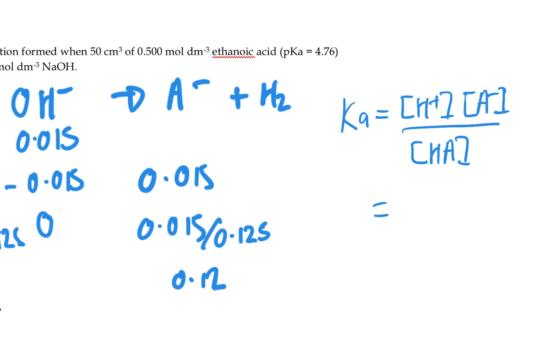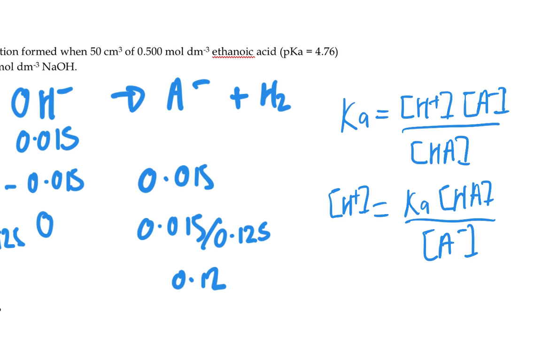And I'm going to need to rearrange that to get H plus. So I leave H plus on the side it is, and I move HA onto the side with Ka, and A minus onto the other side by dividing. So I slot in the values I have. pKa needs turning back into Ka by doing 10 to the minus 4.76.